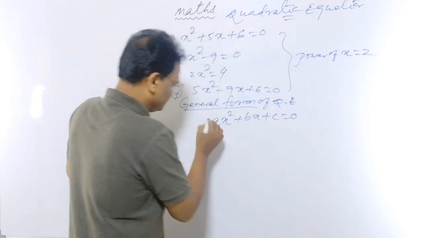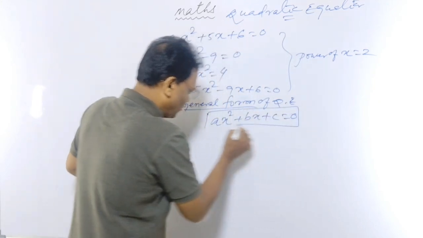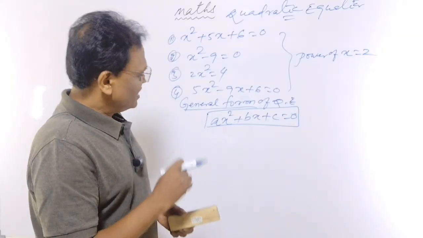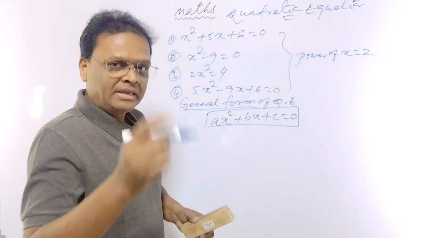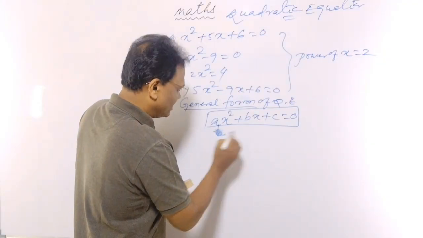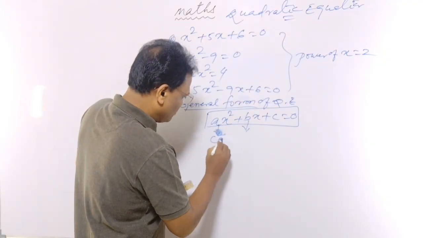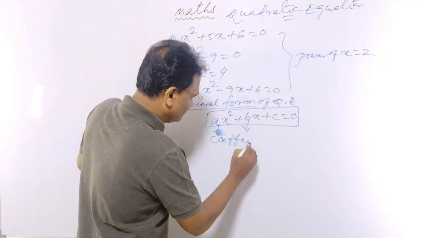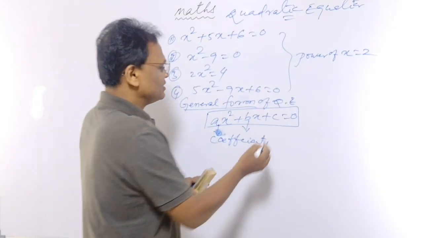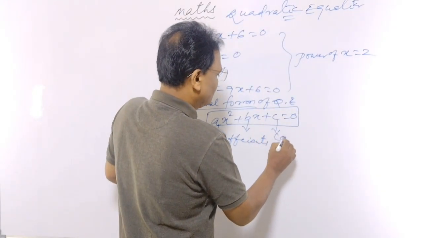Remember, this is the standard form of the quadratic equation, where a and b are called coefficients, and c is the constant.